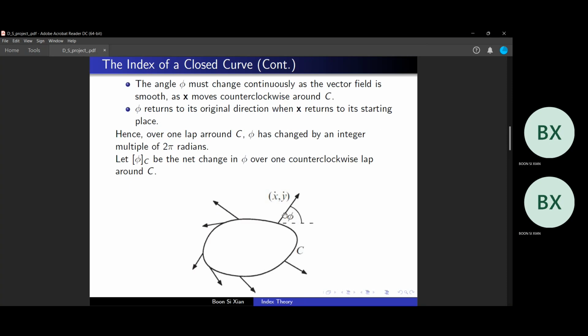So phi is the arctangent of y dot over x dot. The angle phi must change continuously as the vector field is smooth and as x moves counterclockwise around C. And we see that phi returns to the original direction when x returns to its starting point.